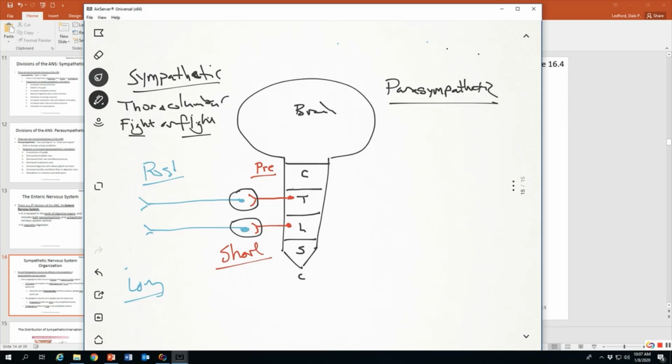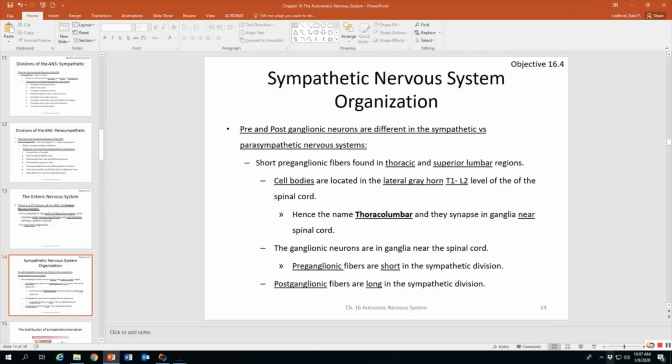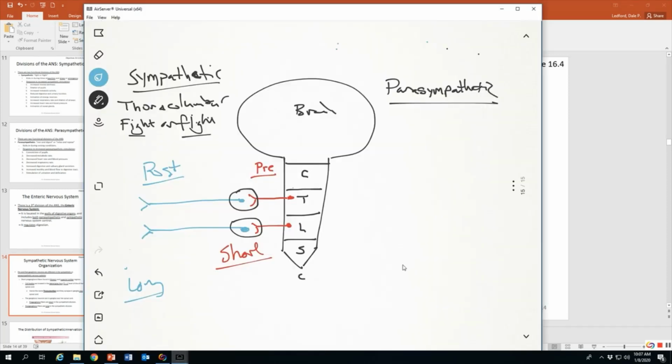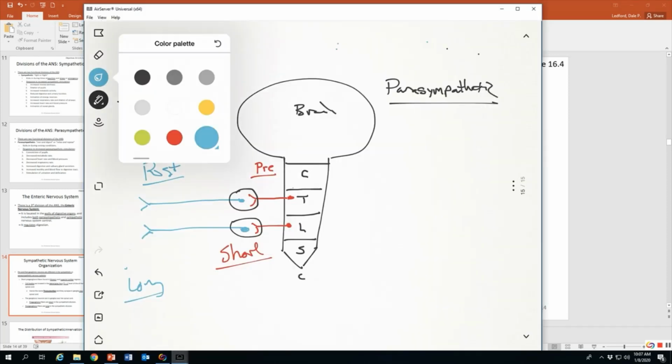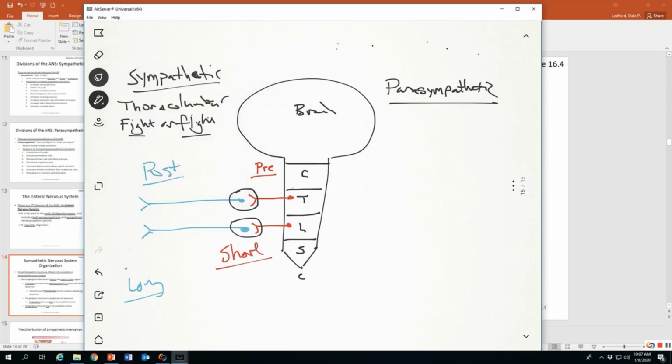Okay, so these are things I'm going to ask you guys potentially on a test, like in the sympathetic division, preganglionic neurons are short versus long post-ganglionic neurons. I'm going to ask you about that kind of stuff, okay? Now, where does that actually begin? T1 to L2.